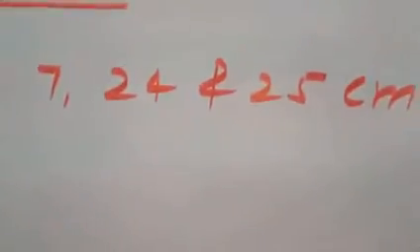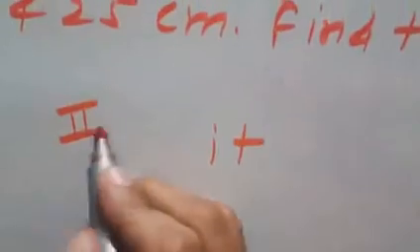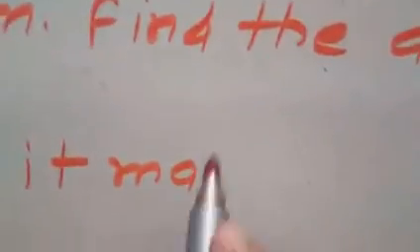There is another method. If we see 7, 24, 25, it makes a right angled triangle. That is the second method.